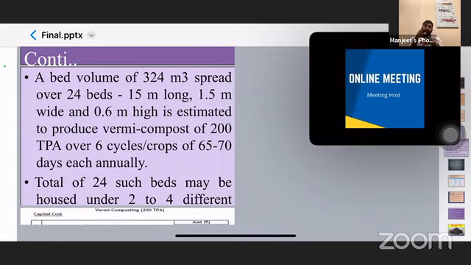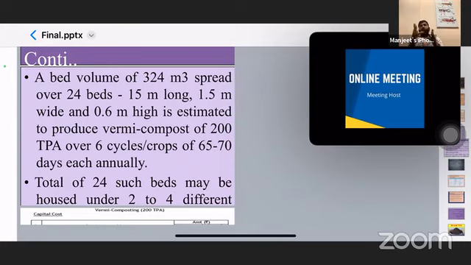Both methods have some advantages and disadvantages, along with their input cost. If we start in an open shed, the input cost is very low. But when we go for a brick-lined bed bottom or platform with RCC, MS pipe, and posts, our input cost increases. So this is also variable.